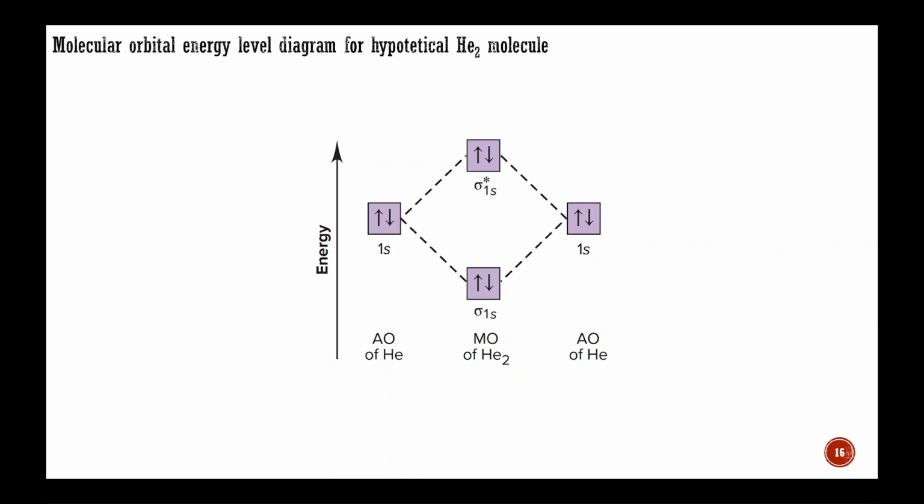Like the hydrogen atom, the helium atom has a 1s orbital. However, unlike hydrogen, the 1s orbital on helium has two electrons, not one. The combination of 1s orbitals to form molecular orbitals in the hypothetical helium-2 molecule is essentially the same as what I have described for the hydrogen molecule.